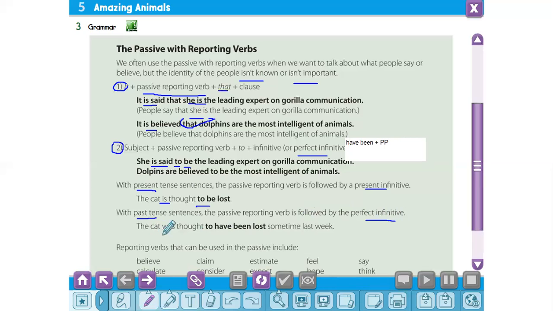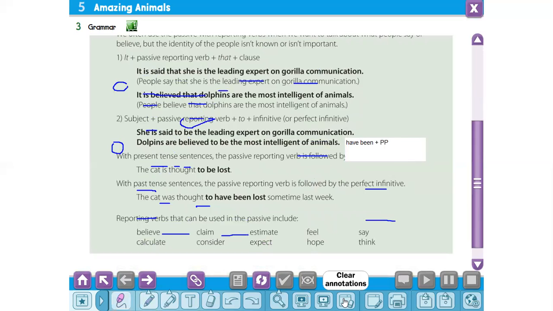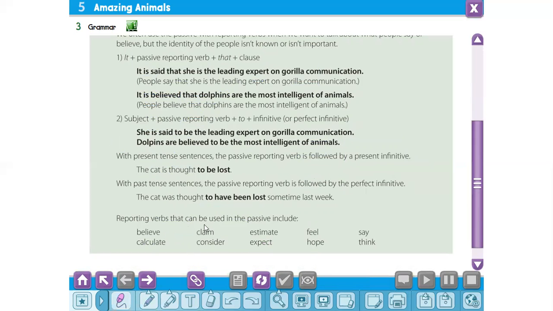The cat was thought, it's a past form. So we use the perfect infinitive: to have been lost sometime last week. Here are some reporting verbs that can be used in the passive: believe, claim, estimate, feel, say, calculate, consider, expect, hope, or think.